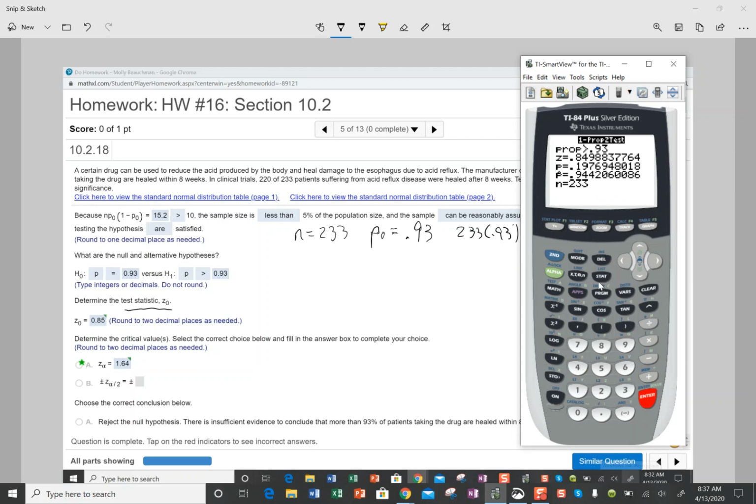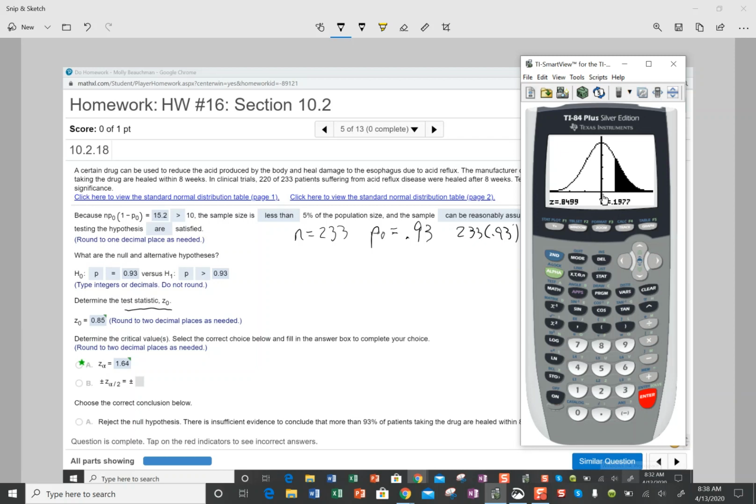When you go back to the test, there's also an option to draw. Let me get back to the one prop z test that we just did. Down at the bottom you see an option draw, so that you can see what we're doing. How this works is this normal distribution goes with the null hypothesis, so 0.93 is in the middle.